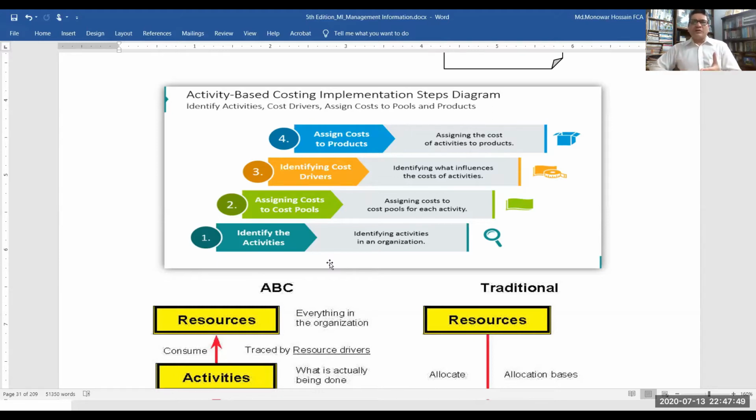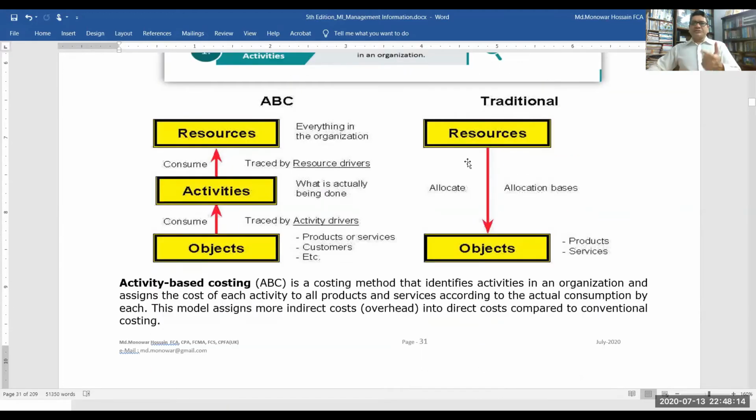Then assign cost to products. That means assigning the cost of activities to the products, and then we get the final product cost by adding the overhead cost. Traditionally, resources are directly allocated on the basis of allocation to the object, and we receive the total product cost.